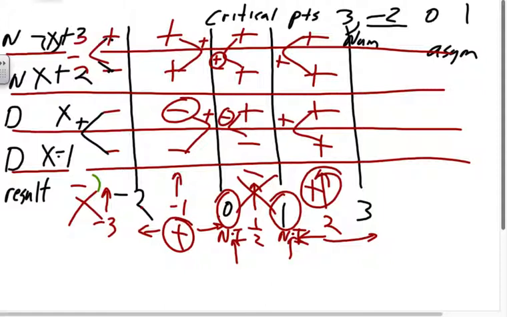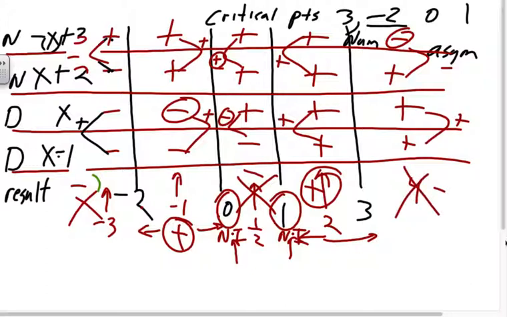The last one I need to pick is a point out here. I picked 4. That gives me a negative, positive, so that product is a negative. It's my numerator. Positive, positive, negative, positive is a negative. So that point is no longer allowed.